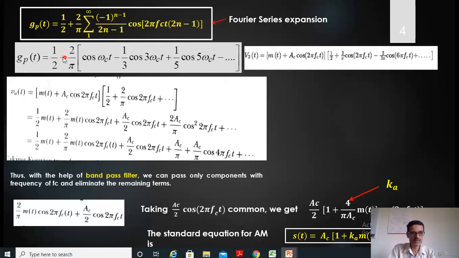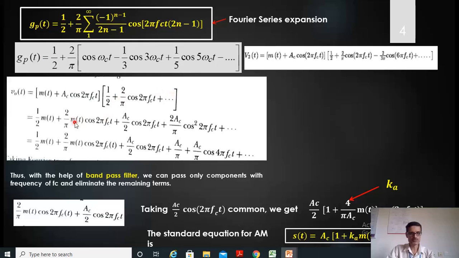I consider only this half plus 2 by pi cos omega c t, because all the higher components will be eliminated by my band pass filter, which is used to tune only the frequency component of fc hertz. So I consider only those parts here.